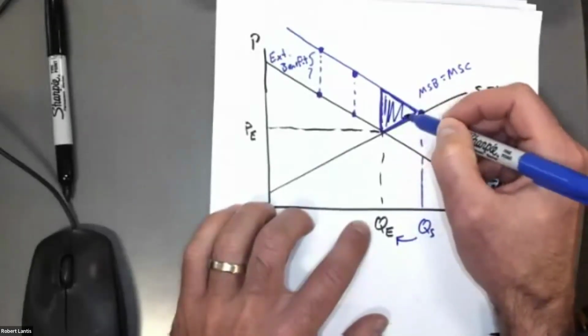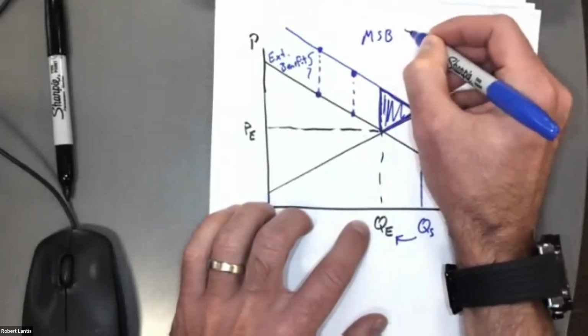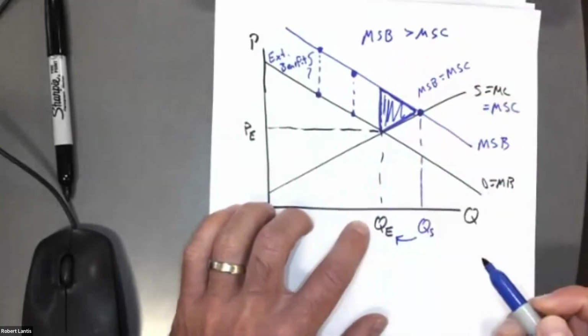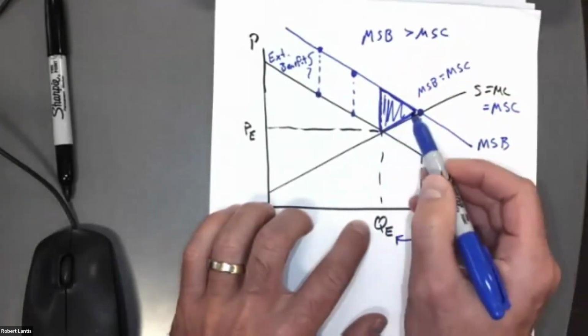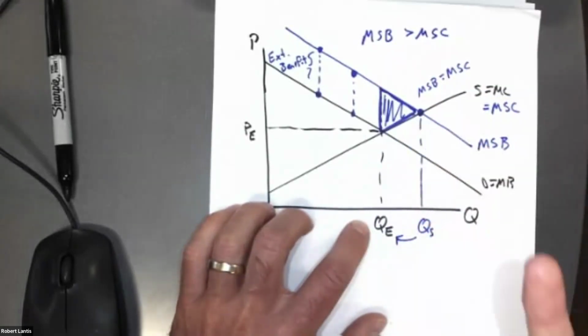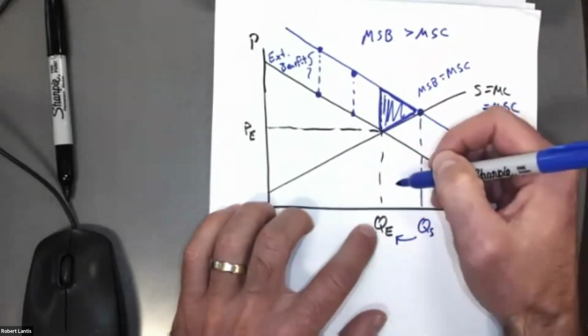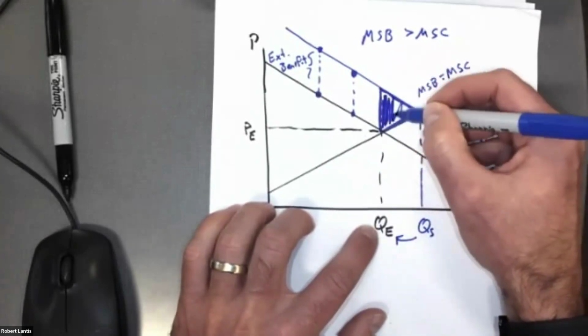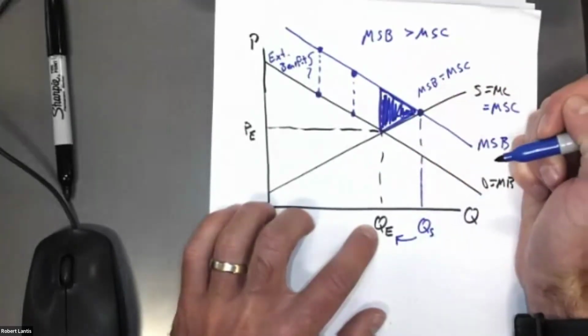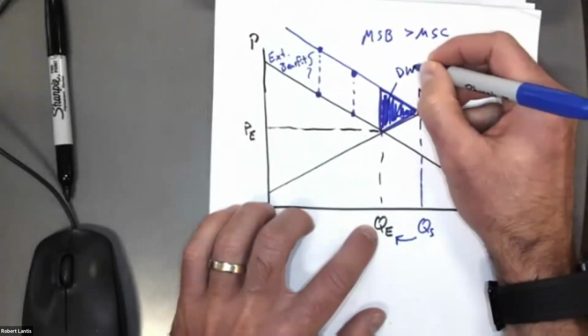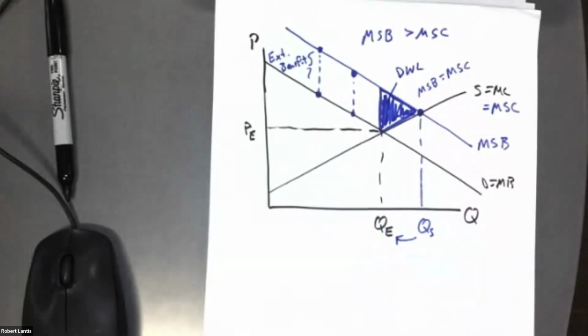Well, now the marginal social benefit is greater than the marginal social cost. So all of these units will be providing positive net benefits to society, but the market stops here, so we're missing out on all of this surplus. That would be a loss of surplus, or our deadweight loss.